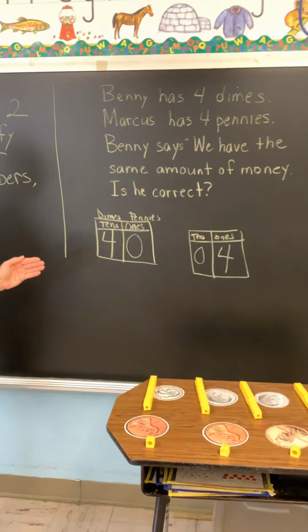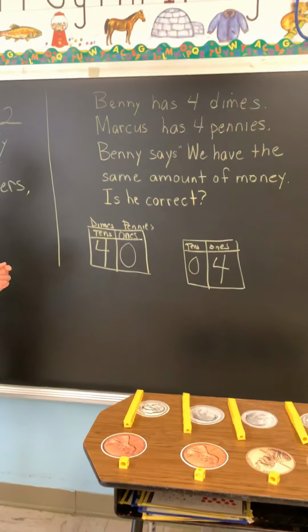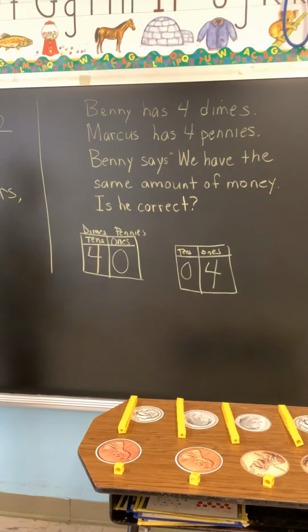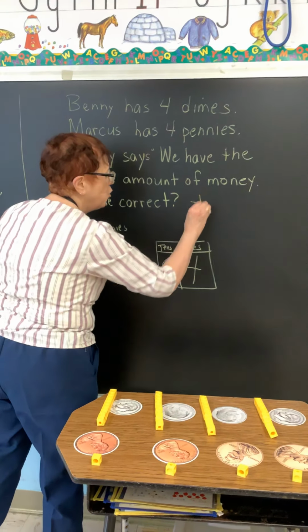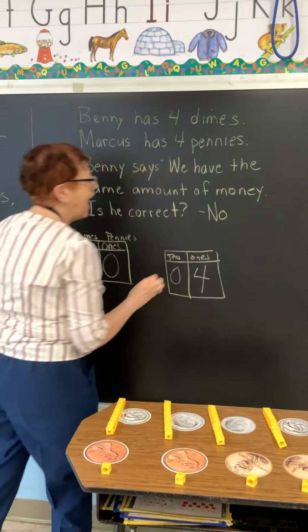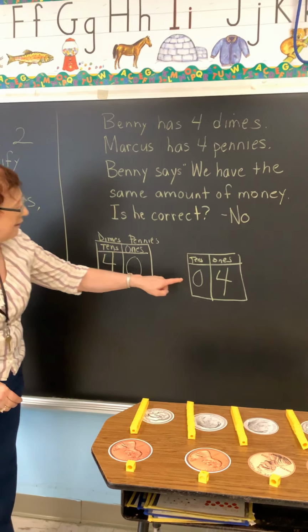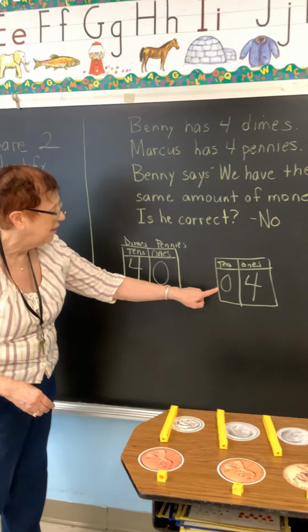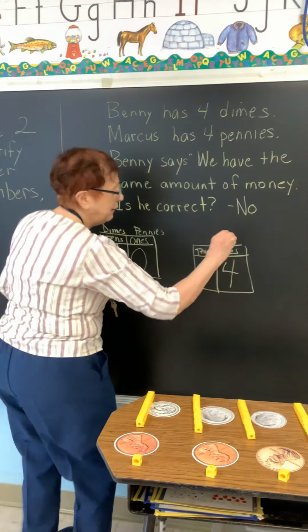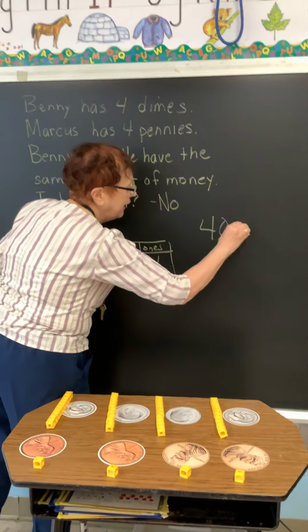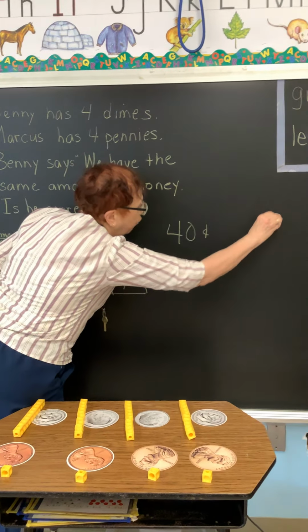Turn and tell whoever you're talking to. And I'm hoping you're saying no, that is not correct. This amount of money is not the same as this, okay? Because this is, let me go over here, 40 cents and this is 4 cents.